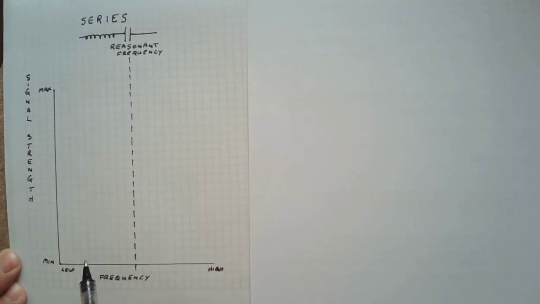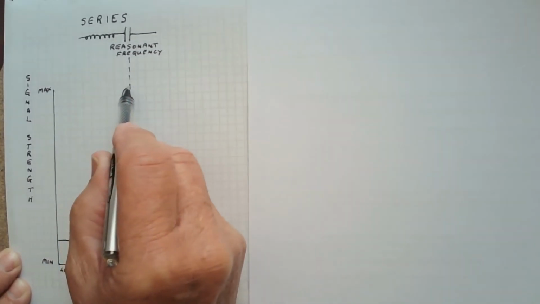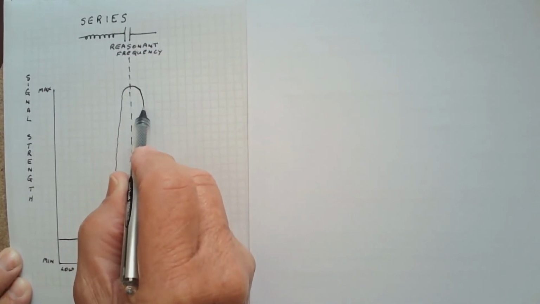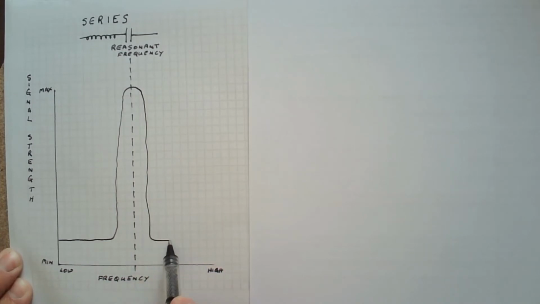So with a series tuned circuit, not very much signal came through when the frequency was lower than the resonant frequency. It was low, but as it got towards the resonant frequency, more and more of the signal was allowed to go through, and then as the frequency got higher than the resonant frequency, less came through.